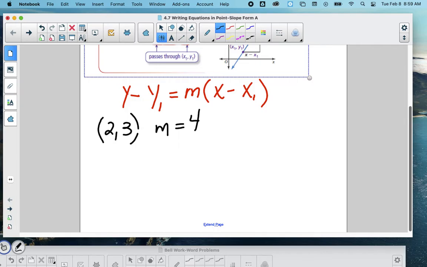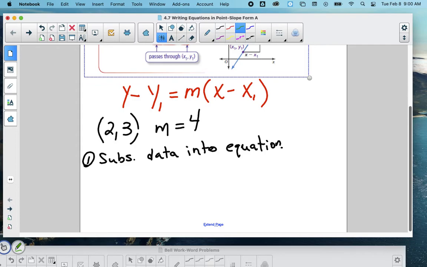Now, we're going to substitute the information they gave us back into the equation. So, step 1, substitute data into equation. It's the first thing I've got to do.